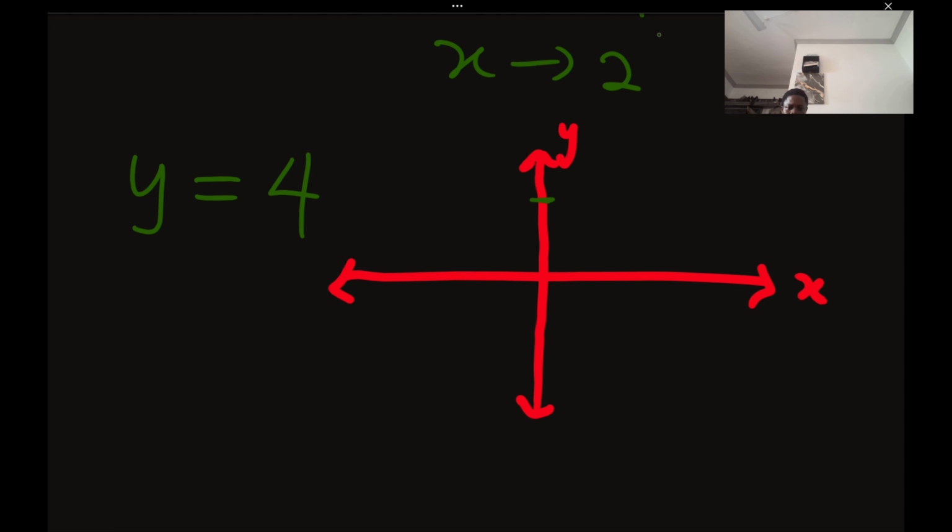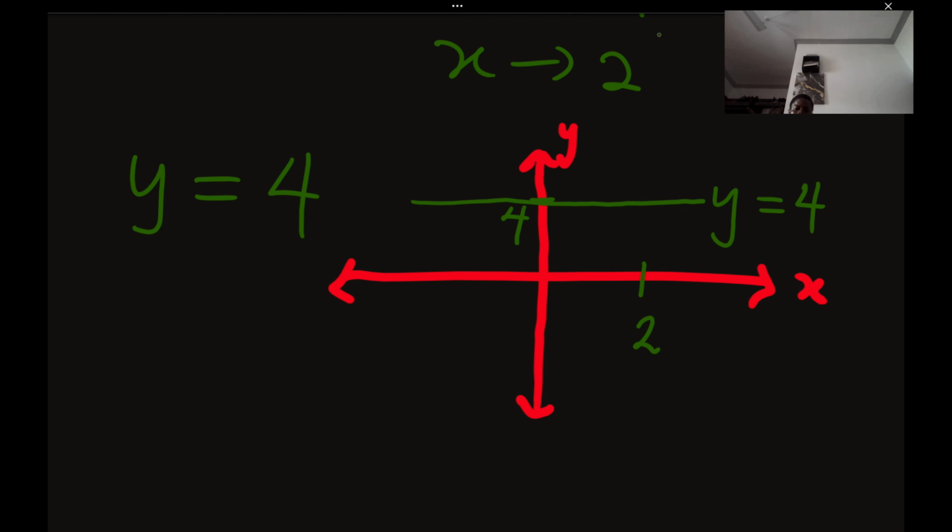Then I'll draw my graph for the line y is equal to 4. So this is a graph for the constant function. Now we are to determine the output, that is the y value, as x approaches 2. So let us indicate our 2 here. Let's assume that x is equal to 2 over here.